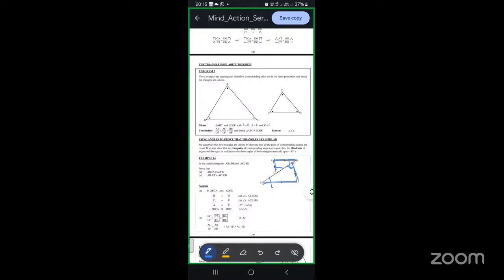Let's go to the question and see what it requires us to do. Prove that triangle BCA, this one, is similar to triangle DFE, this one. Now, let's see what we can do, because we are going to use angles to prove that these two triangles are similar.